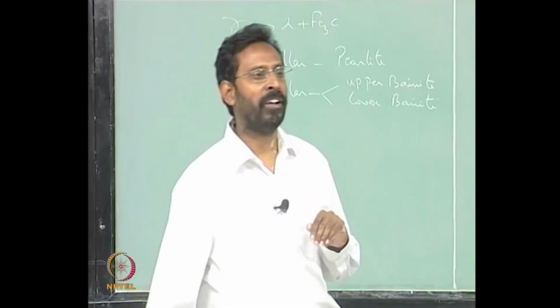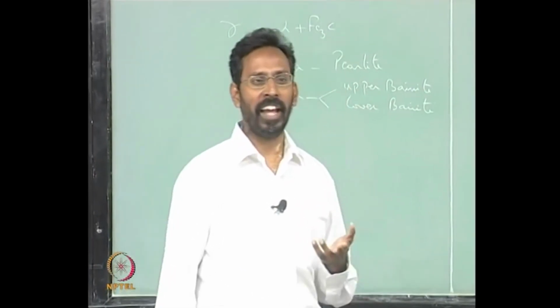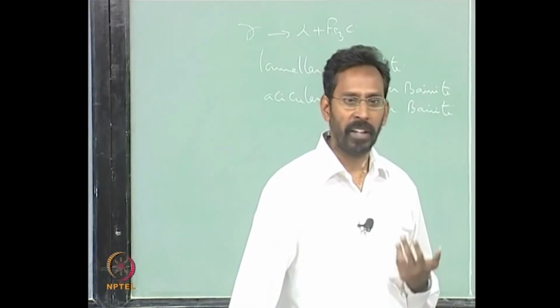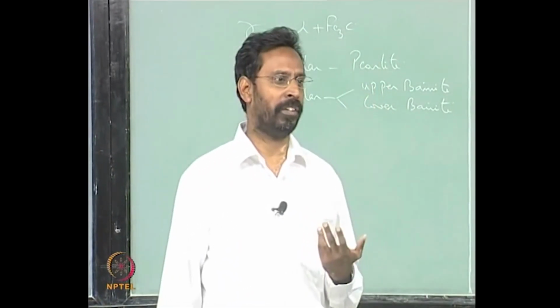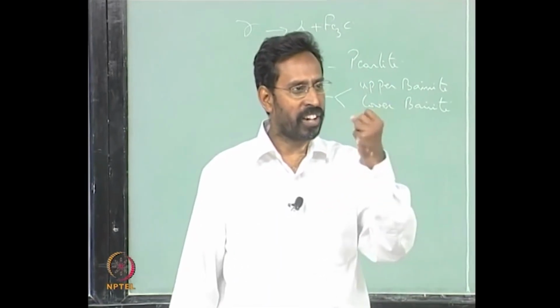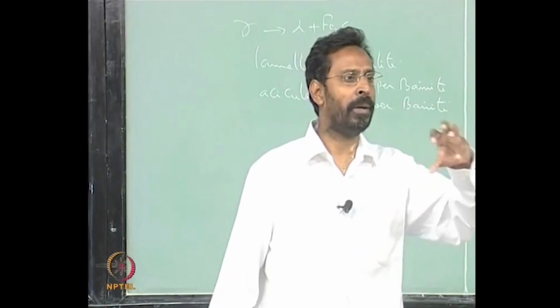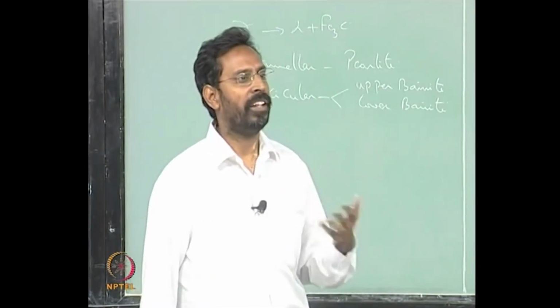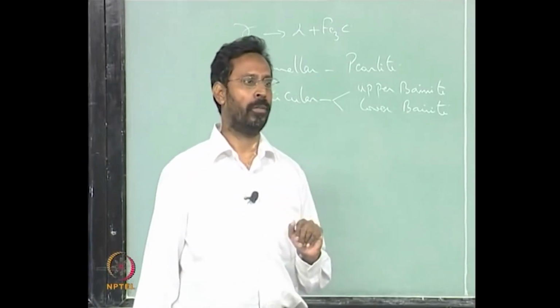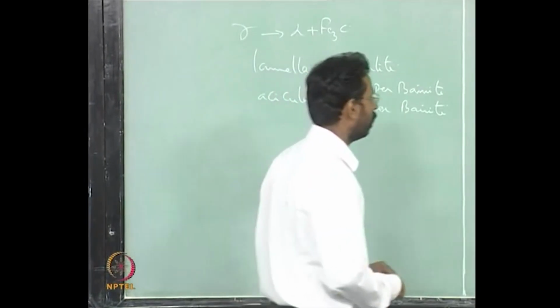Again when we come to martensite we will talk more about it. Basically again shear is made more difficult, because martensitic transformation is a shear transformation. Whenever you have alloying elements present there, because of the strains around each of the elements that is sitting, you would see the shear becomes more difficult, and when the shear becomes more difficult MS goes down. We will talk about it when we come to martensitic transformation.